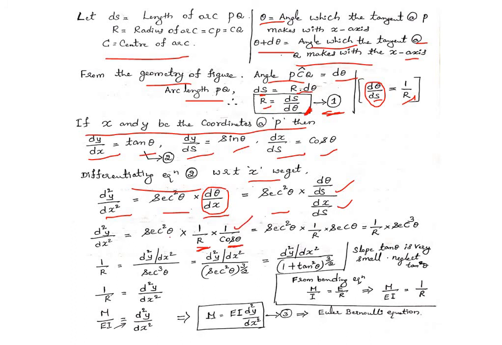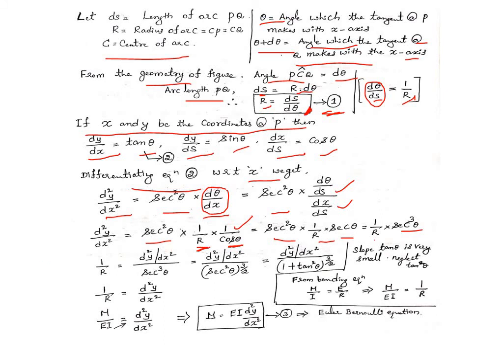So d square y by dx square is equal to secant square theta into 1 by r into 1 by cos theta, which is secant square theta into 1 by r into secant theta, because 1 by cos theta is nothing but secant theta. Secant square theta into secant theta gives secant cube theta.